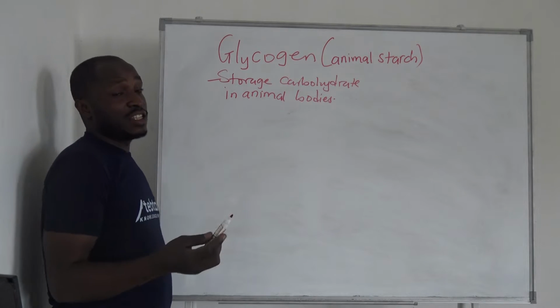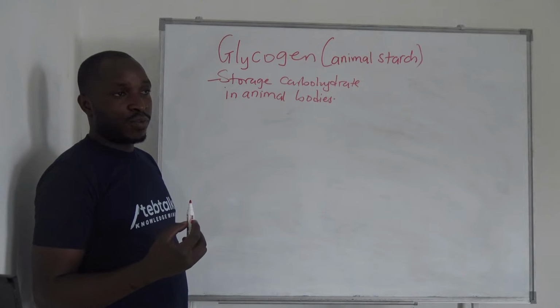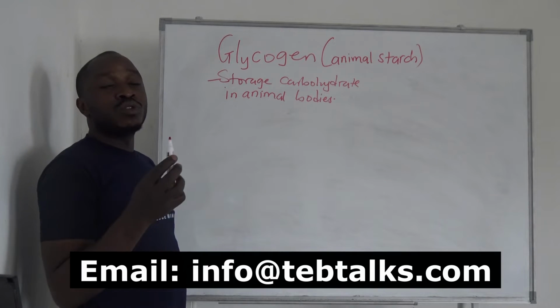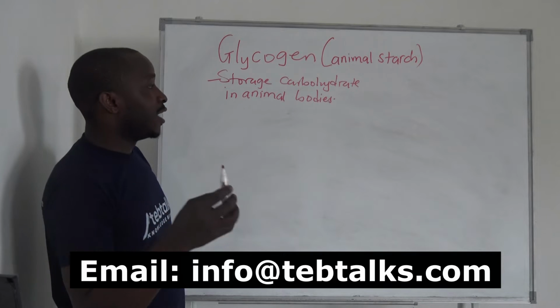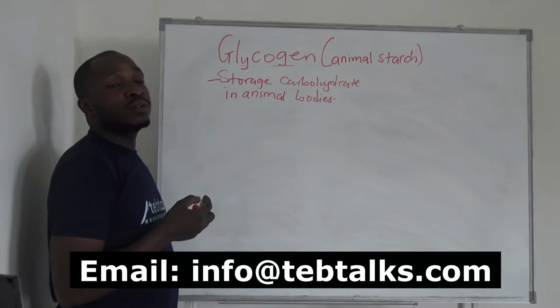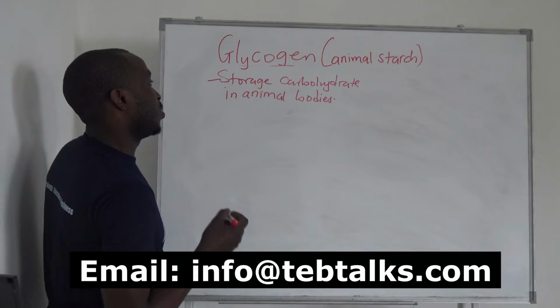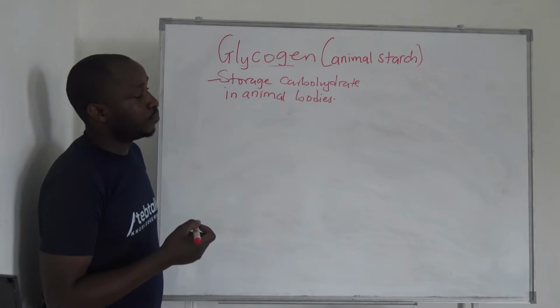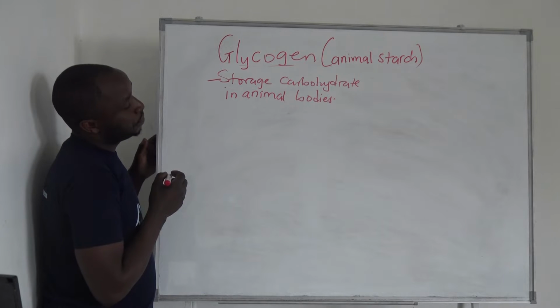So in our bodies as animals, we do not contain any starch, but rather glycogen is the one which we contain as a polysaccharide chain. So how does it look?